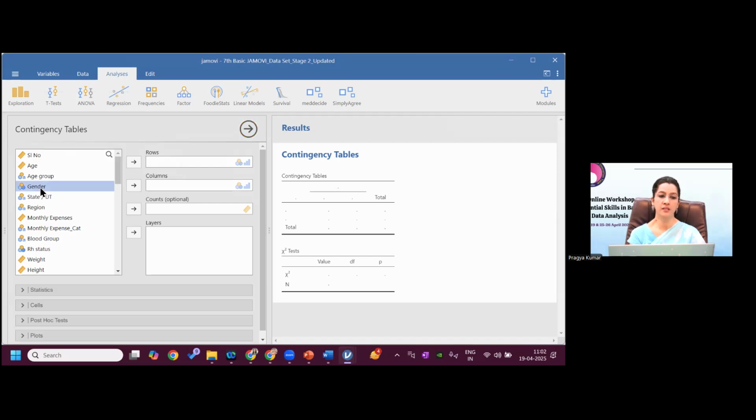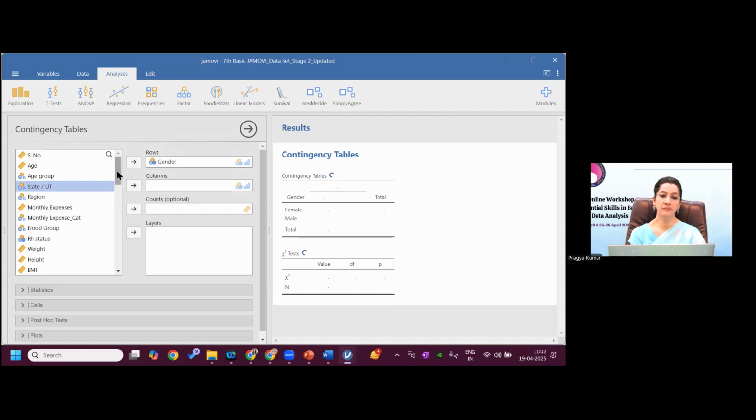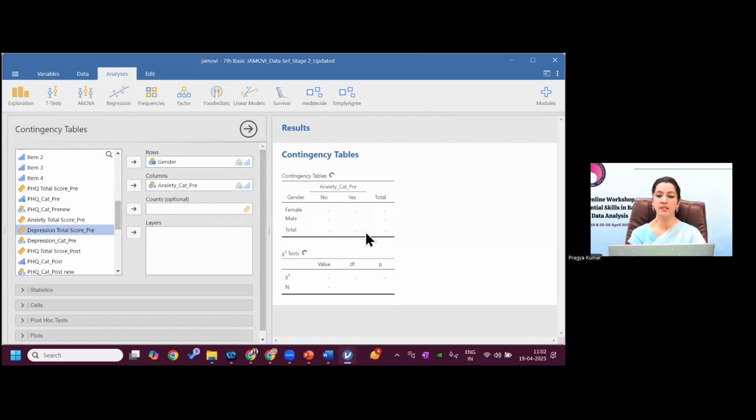So gender goes to row, and my dependent variable, the anxiety category, will go to the column. Now you can see there is a 2 by 2 table. Even if you have not applied any statistics, by default it takes the chi-square test. So wait for some time.